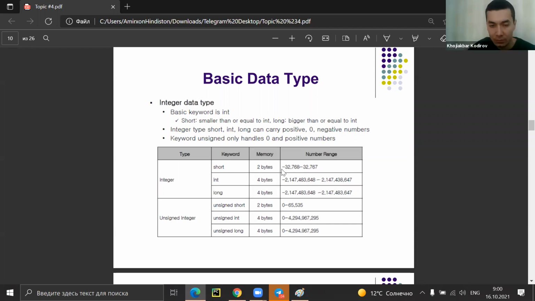But when it comes to the unsigned one, it only takes the positive numbers, from 0 to 65,535.